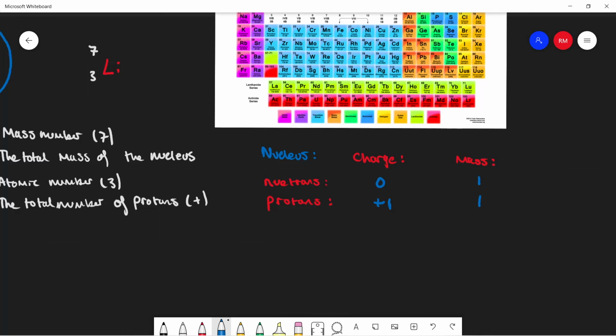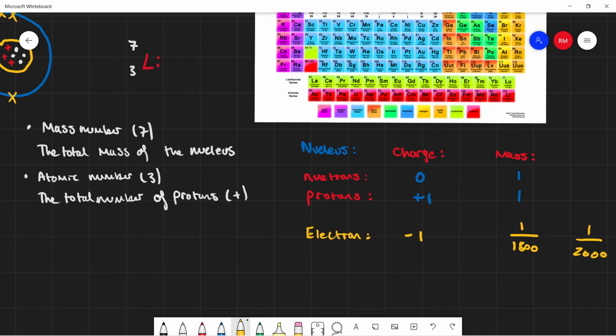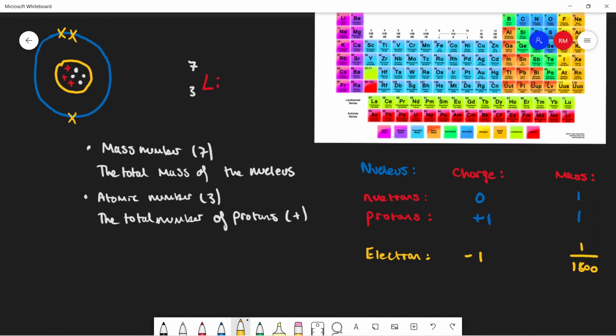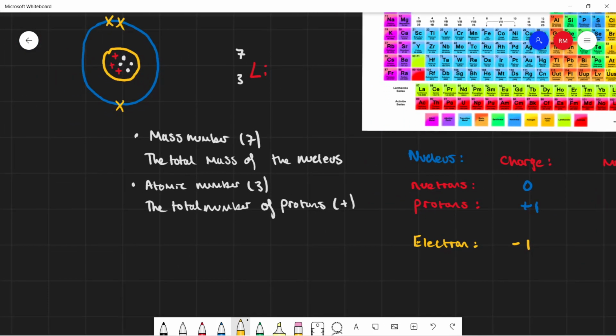And in the shells, we have the electron. An electron has a charge of -1 and a mass of about 1/1800, but that's normally rounded to 1/2000 of a mass, which is why the nucleus, this part here, is the densest part of the atom.